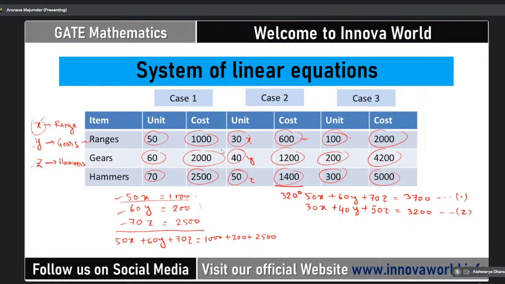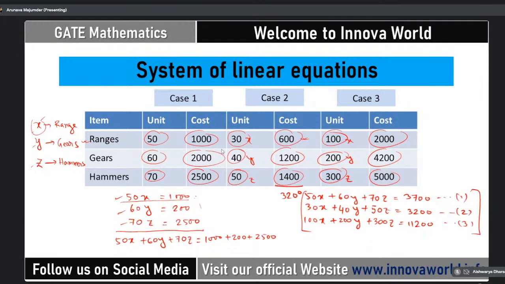Similarly, for the third case, 100x, 200y and 300z. So 100x plus 200y plus 300z is equal to 5000 plus 2000 plus 4200, so 11200. So equation number 3. These form a system of linear equations, you can see.